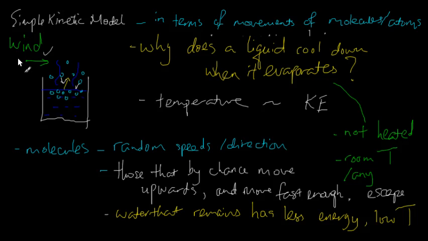And as a result, if you blow at it with some wind, the water molecules would never come back, so there will only be water molecules coming out. No water molecules come back. So in that way, the rate of evaporation would increase, simply because no more water molecules would come back.